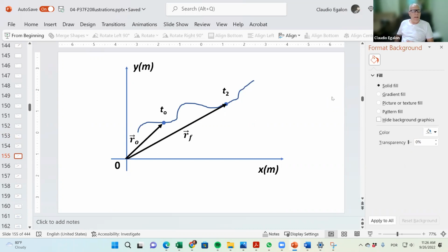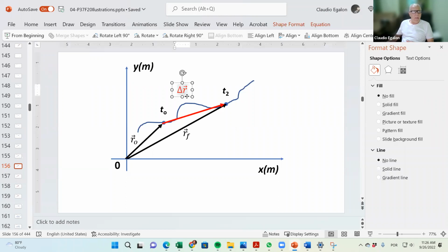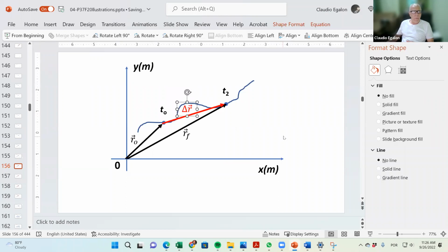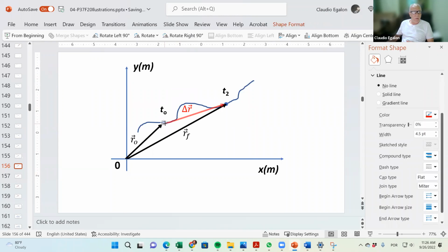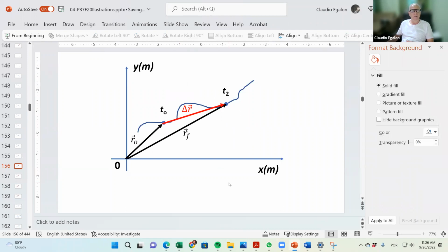If we study very carefully, you will convince yourself that the displacement vector is going to be this one that I'm illustrating here in this graph. That's the displacement vector, which is RF minus R naught.